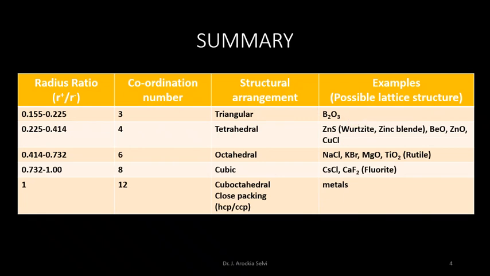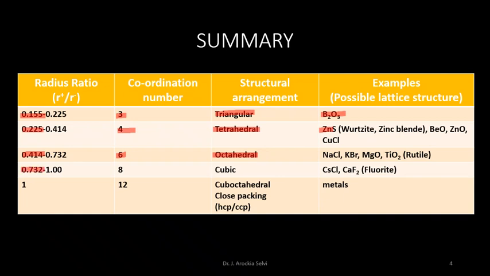If the radius ratio is 0.155, the coordination number will be 3, the expected structural arrangement will be triangular, so mostly boron oxide possesses this. If the radius ratio is 0.225, then the coordination number is 4, a tetrahedral arrangement, mostly zinc sulfide, which has 2 ionic structure patterns, wurtzite and zinc blende, beryllium oxide, zinc oxide, etc. If it is 0.414, the coordination number is 6, octahedral, and sodium chloride, potassium bromide, magnesium oxide and TiO2 show this one.